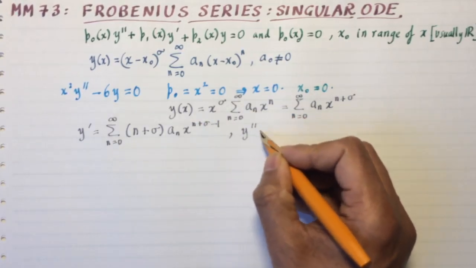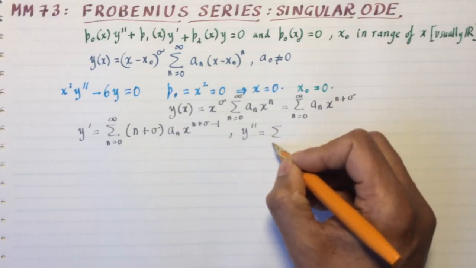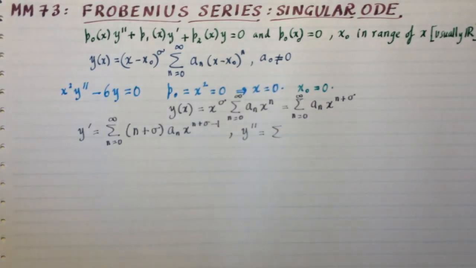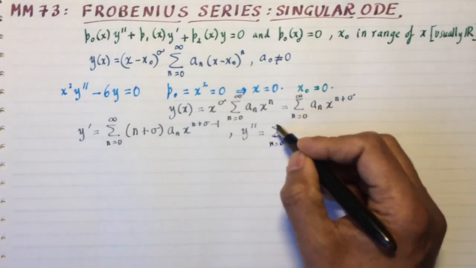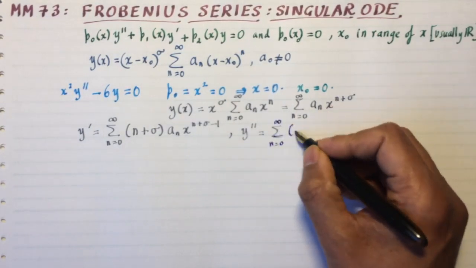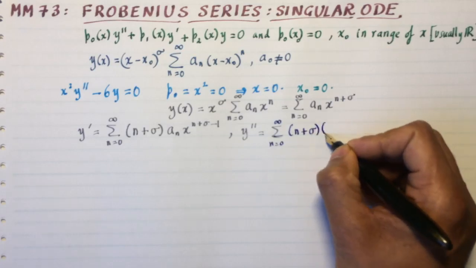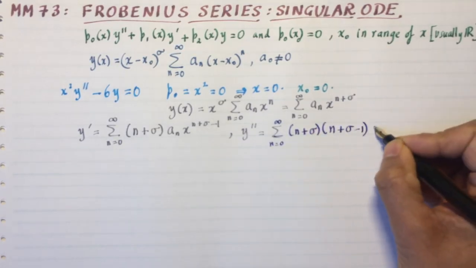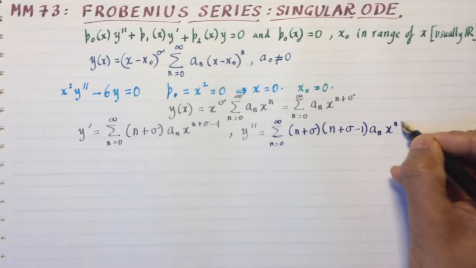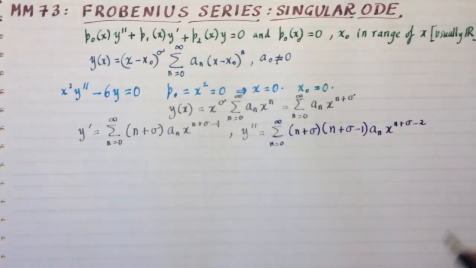And then y double prime will be equal to the sum from n equals 0 to infinity of (n plus sigma) times (n plus sigma minus 1) a_n x to the n plus sigma minus 2. So it all looks pretty complicated, but it really is not.